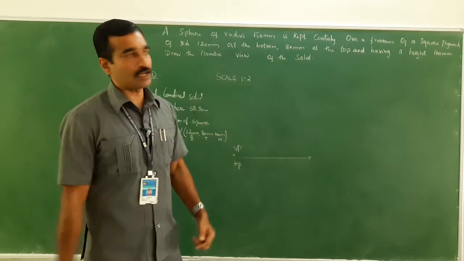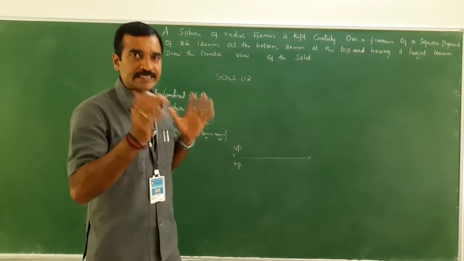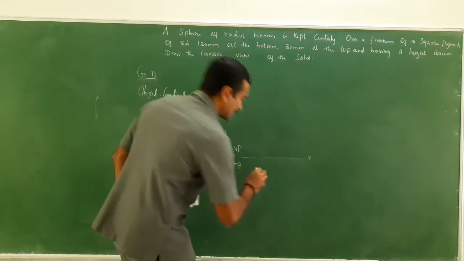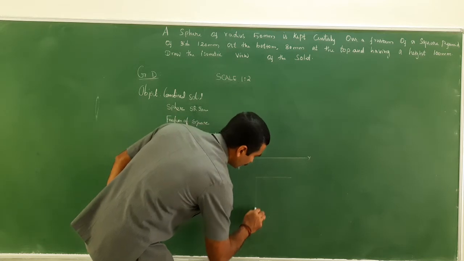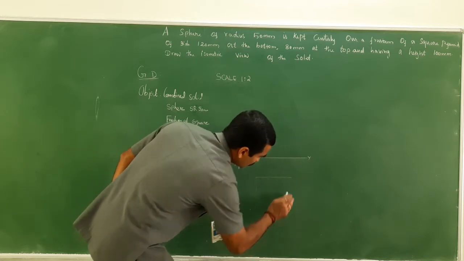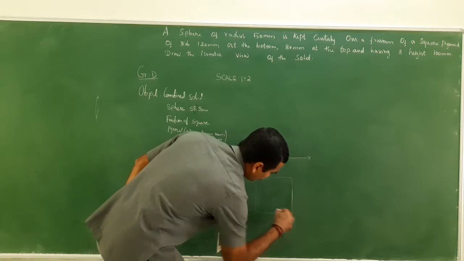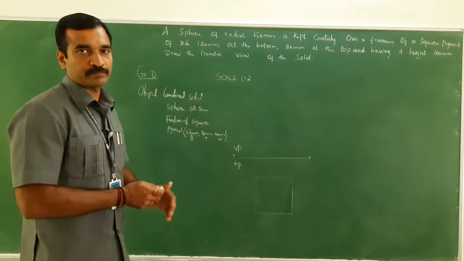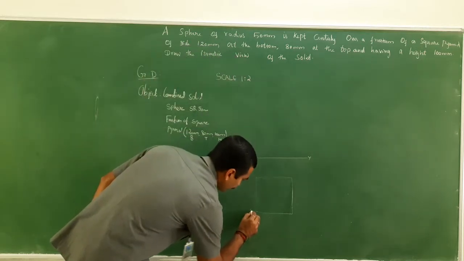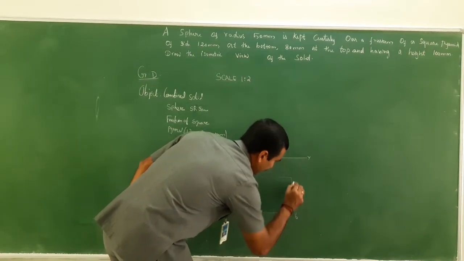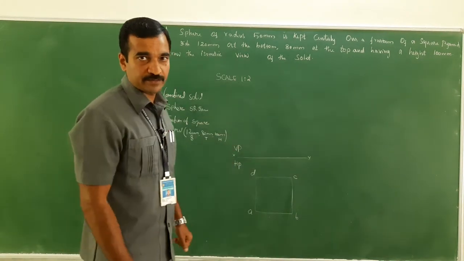So, here the base of the square pyramid is 120, therefore I need to consider only 60 mm. So, take a 60 mm square. Right. So, I have to name it A, B, C, D. Clear?